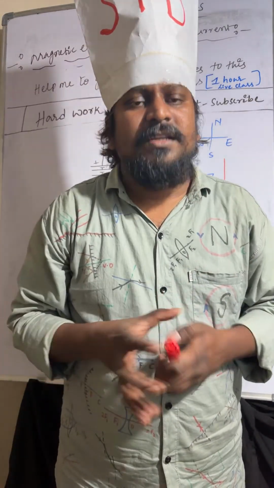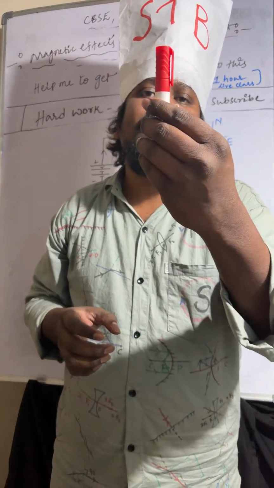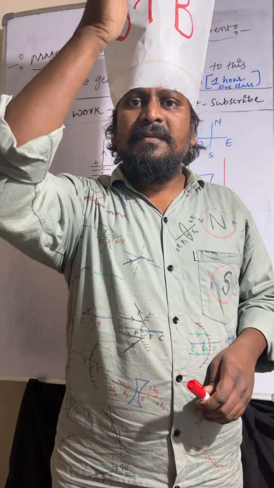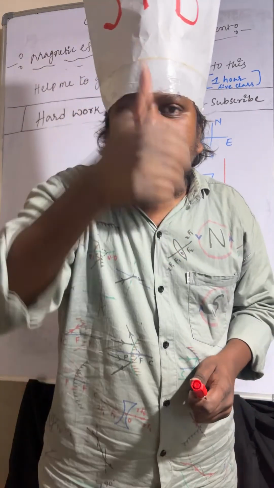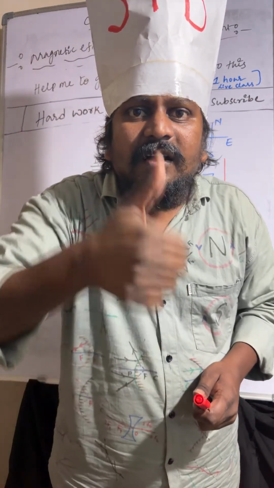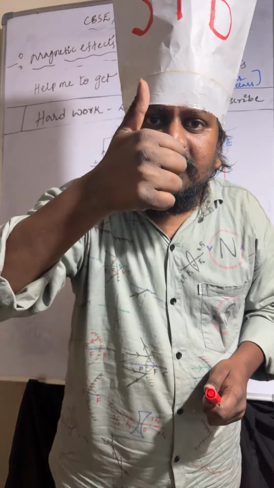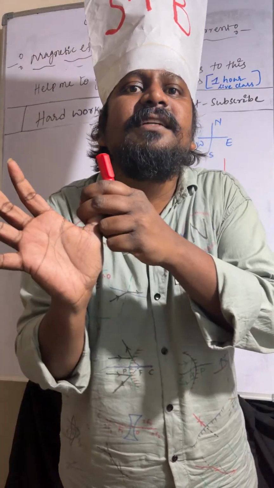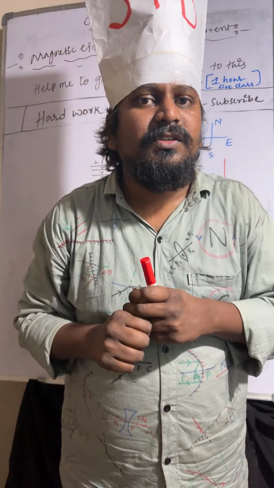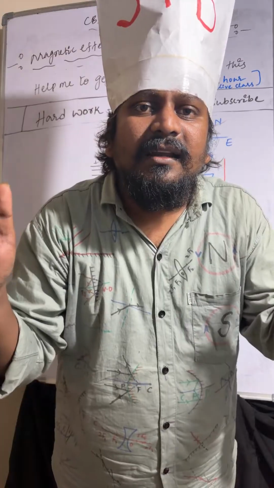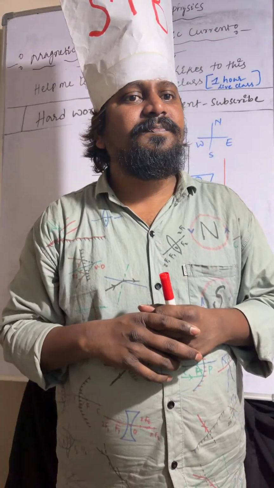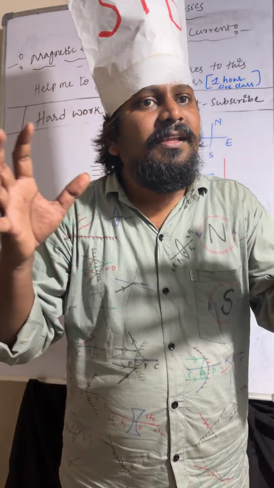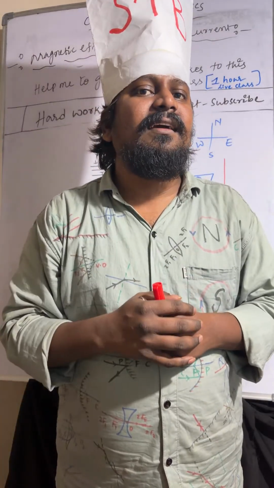Understood or not? If the current is passing like this, and you place the thumb along the current direction, the curly, folding, wrapping fingers show the magnetic field direction around the current carrying conductor.